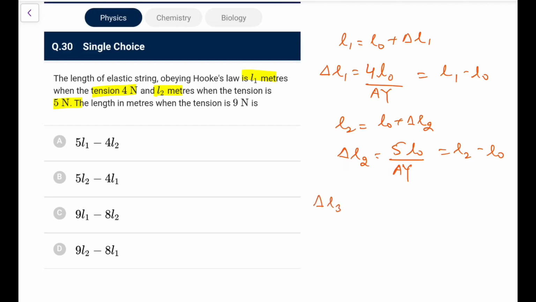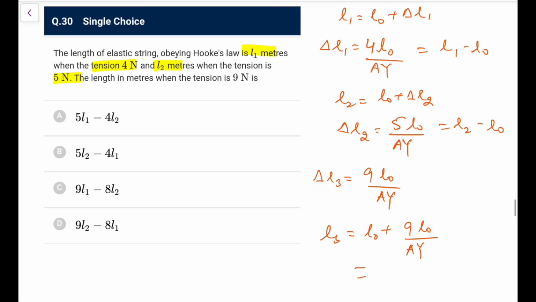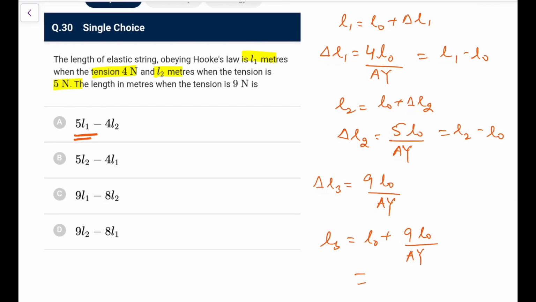Now what is delta L3? Delta L3 in a similar case would be 9 L0 upon AY, and the length L3 you are searching for is L0 plus 9 L0 upon AY. So if I do it from this logic, how can you try to get this? Let's say try 5 minus 4 times. So 5L1 if I write, it would be 5L0 plus this much, and minus 4L0.